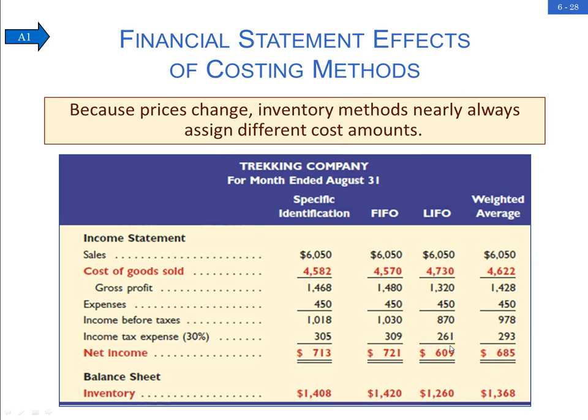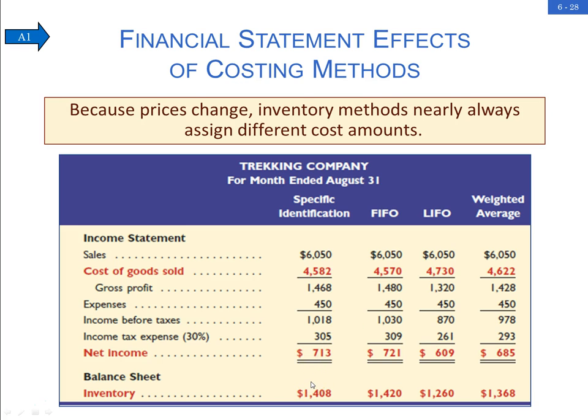Now, what's really interesting, if we take a look here and compare, basically we looked at the identical transactions for this company called Trekking Company. And just based on whatever method of accounting they used, or which inventory flow assumptions they used, whether they specifically track their inventory or whether they use one of the three methods that we went over, you can see that their net income that they report could be significantly different.